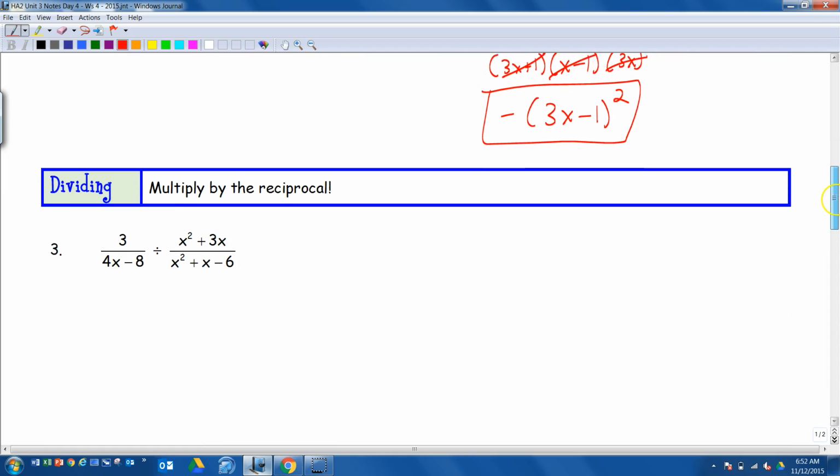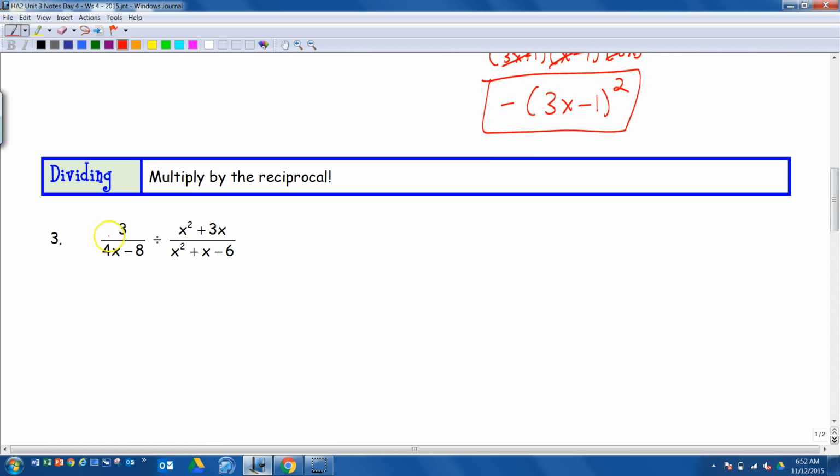Okay, so for division, again, you multiply by the reciprocal. So first I'm going to factor. Take a 4 out, and we get x minus 2. I'm going to flip it right now, so this is now up here, and this is down here, so I'm going to factor this piece up here. Minus 2 plus 3.